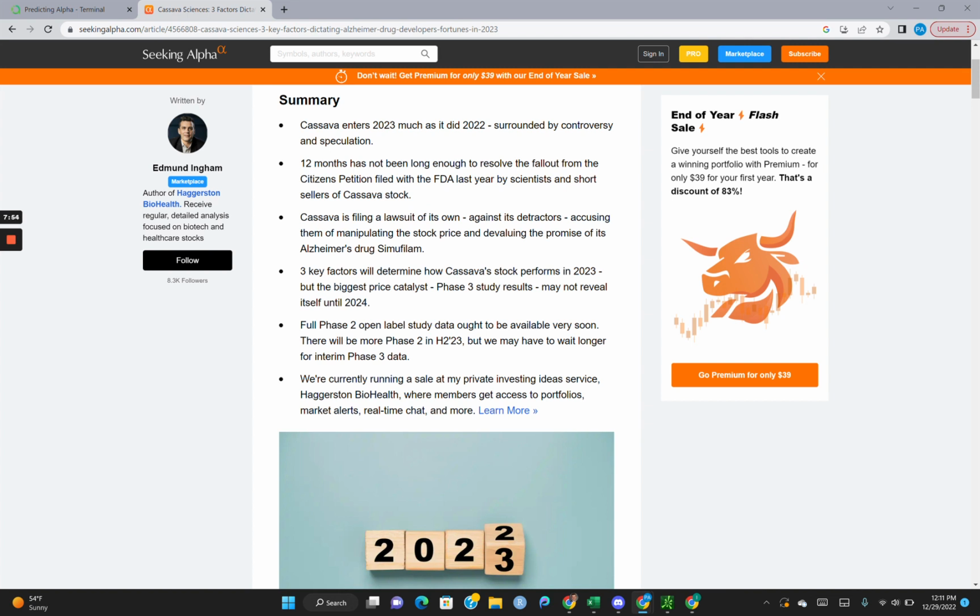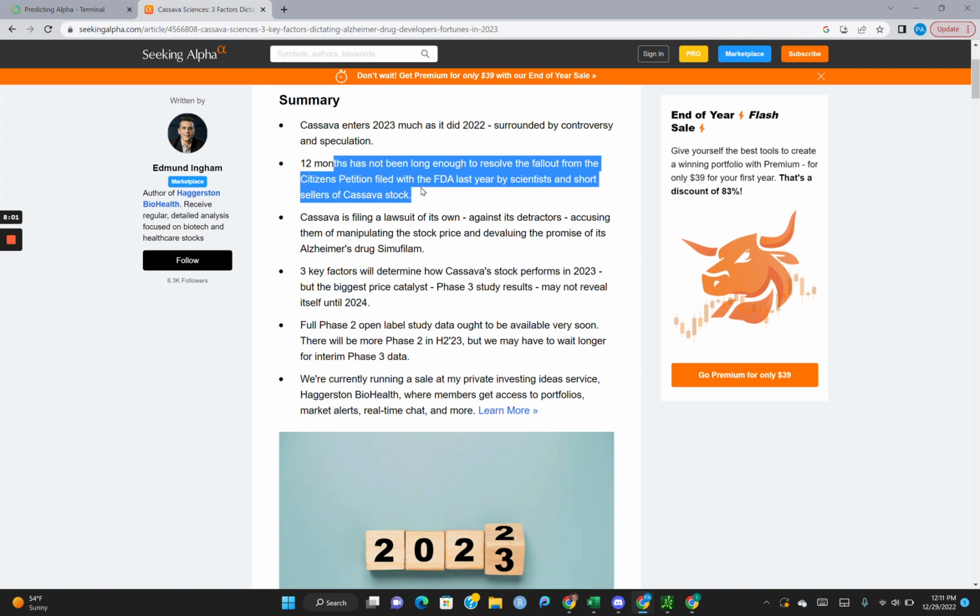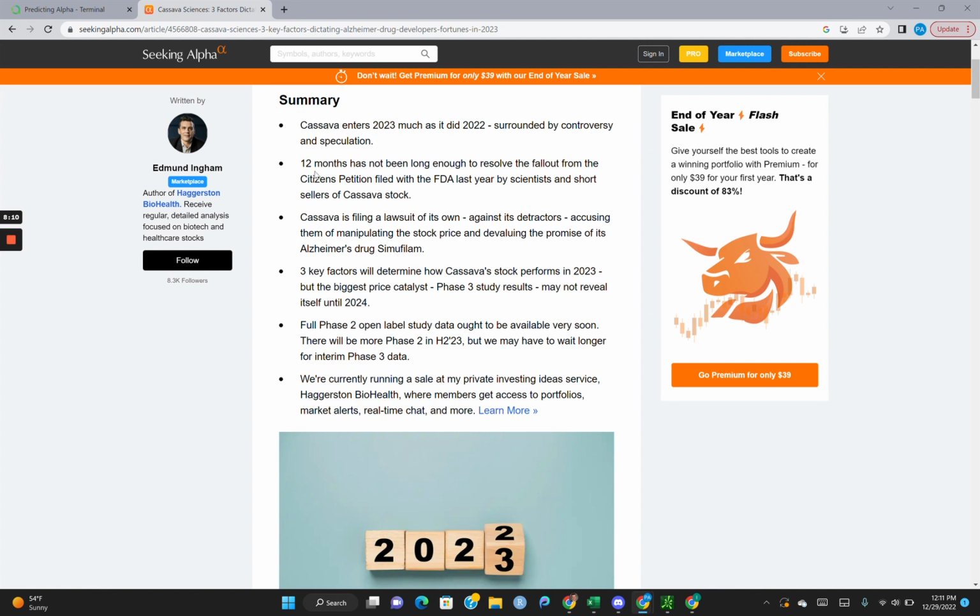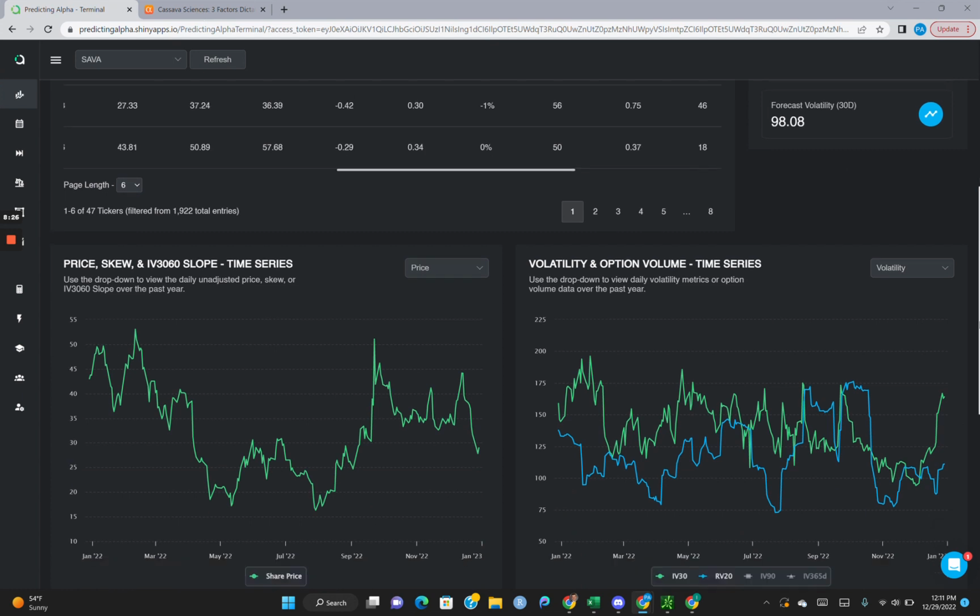Well, now I know the risk that I'm taking, and if I don't think that this is going to happen, so again, going back to this example, this has been something that's been going on with this company for, as it says, 12 months. So what's to say that it wouldn't go another month without any clinical or critical concrete ruling or any critical blowout news, right? That's one way of thinking about it.